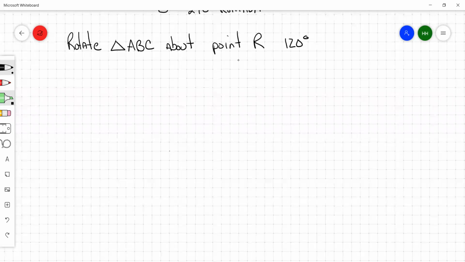Let's put point R right here. We'll put triangle ABC right here. We've got to rotate ABC about point R 120 degrees counterclockwise. We always go counterclockwise unless otherwise noted.